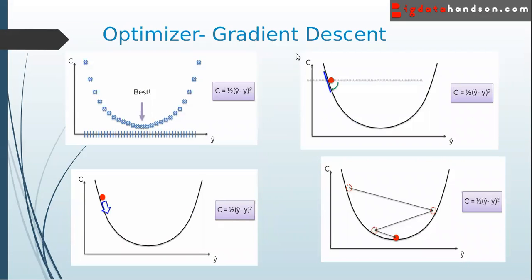Initially, first we'll see the gradient descent optimizer. What it does is find the best, minimal-error weight. Here you can see it starts from this point, and as a parabola it does the analysis and finds the best weight where the error is minimal. It starts here, adjusts the weight, and comes here.